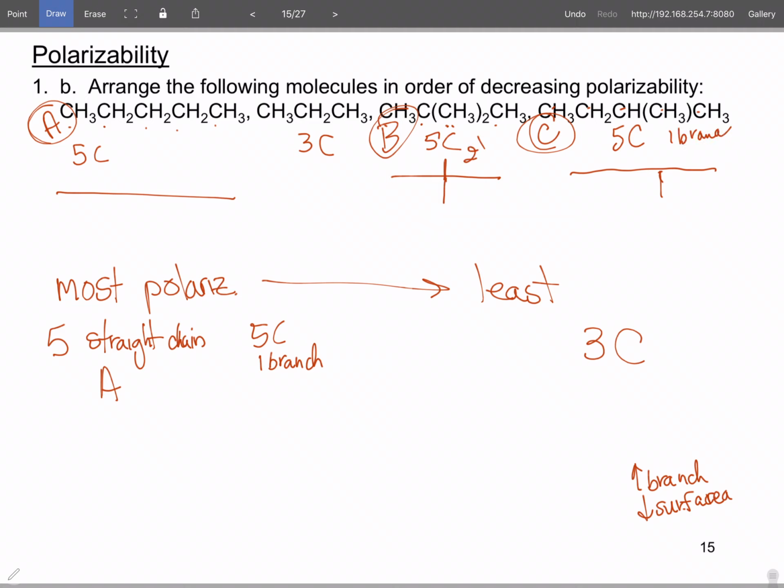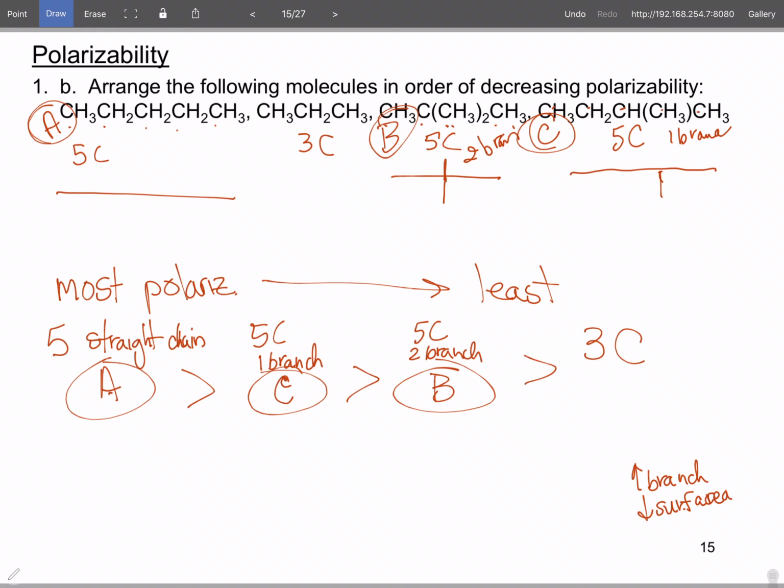This one's 2 branches. So this one, as I've got them labeled, would be C. And then 5 carbons, 2 branches would be B. So most polarizable would be A, then C, then B, then D. So just greater symbols would go there.